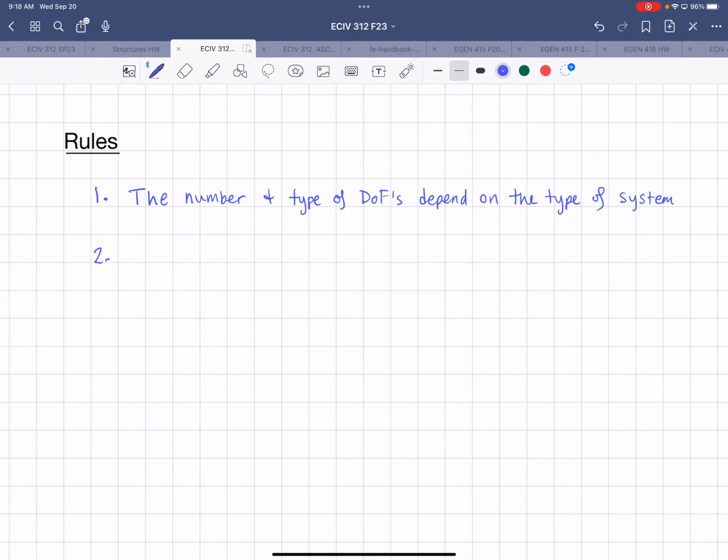Second rule, each degree of freedom has 2 associated values, one tied to force and one tied to displacement.